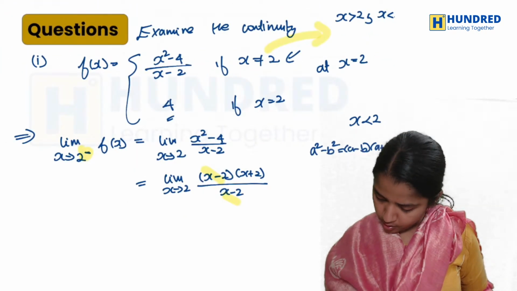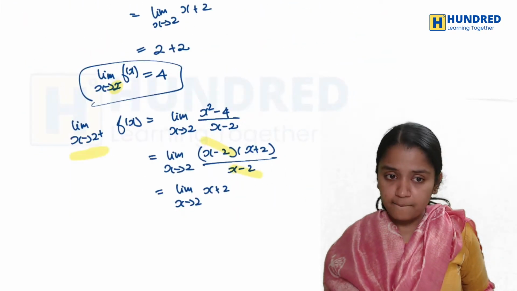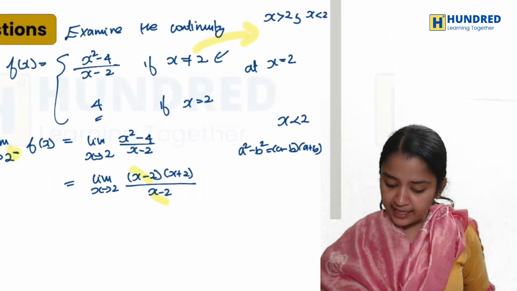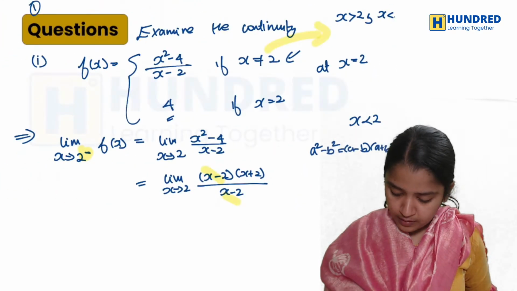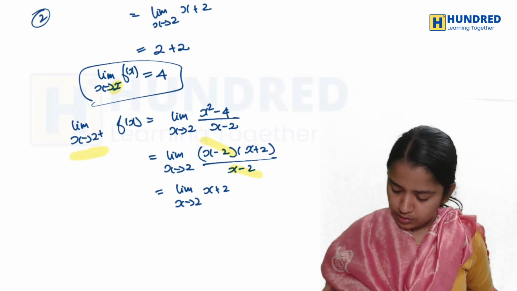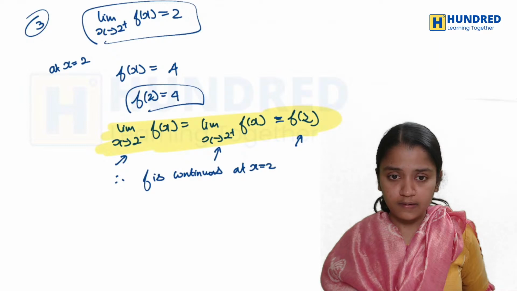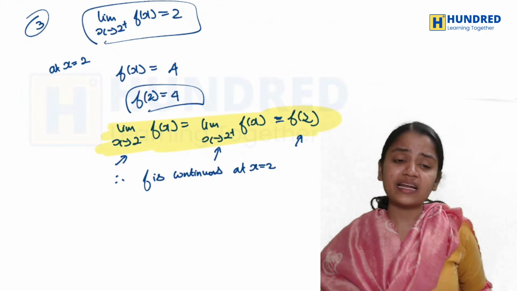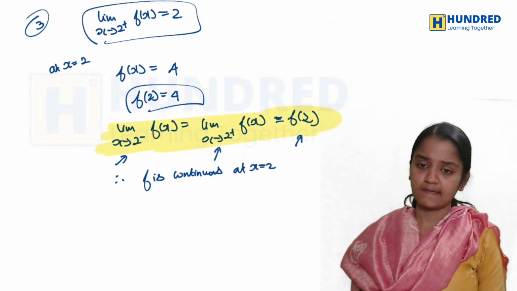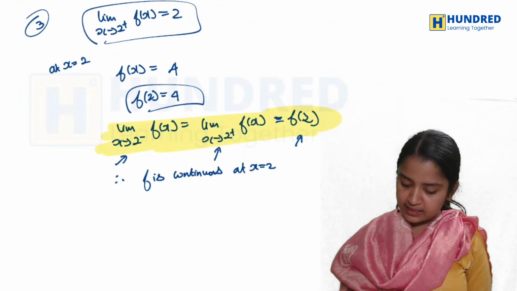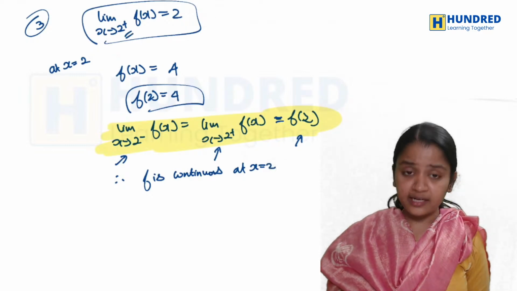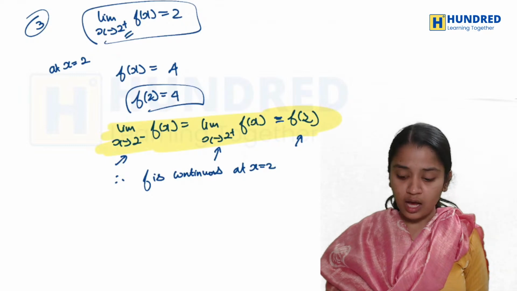This is slide 1, slide 2, slide 3. In slide 3 at the top I have written 2 plus.